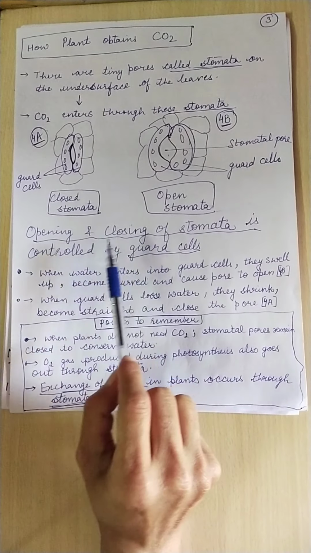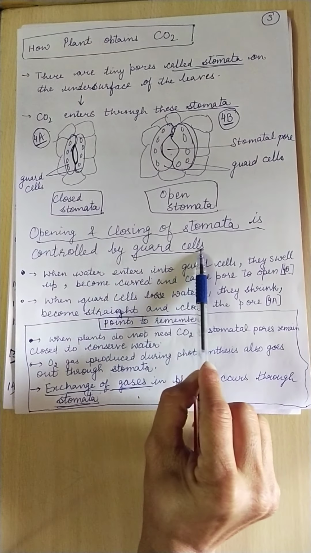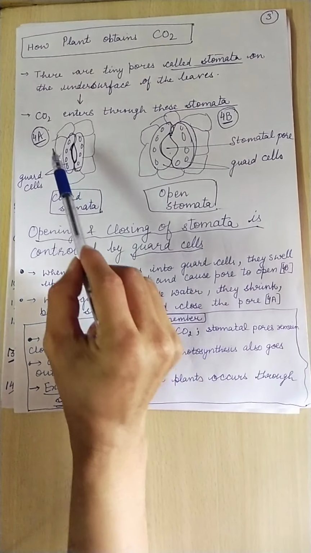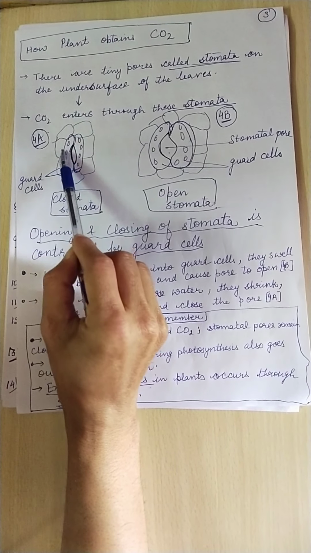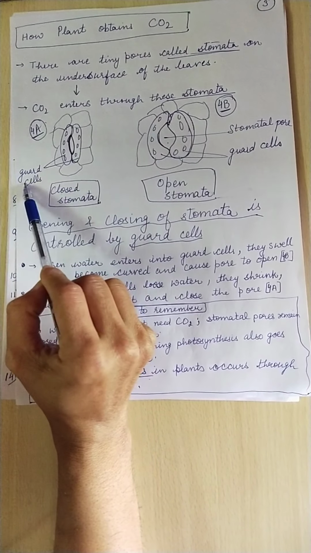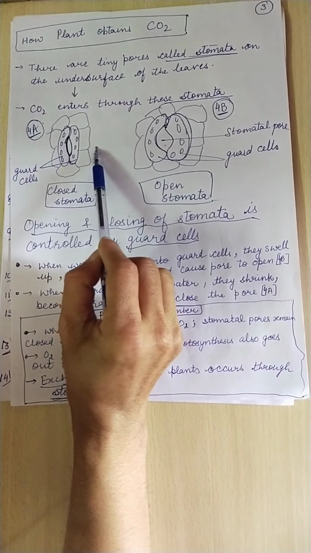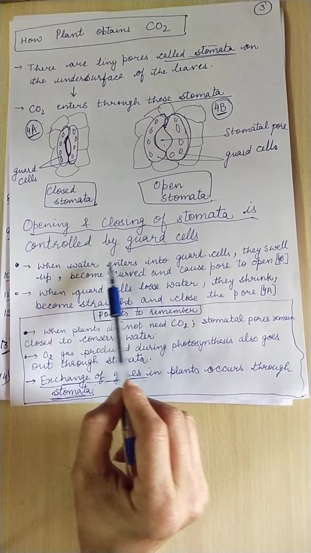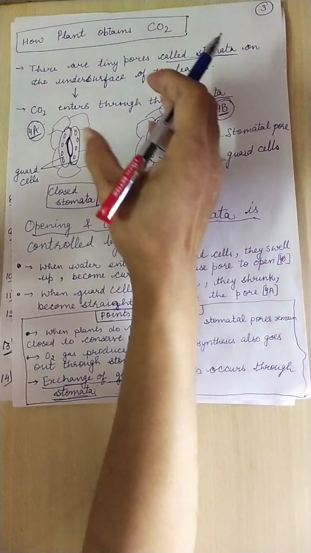Opening and closing of stomata is controlled by kidney-shaped cells called guard cells. If you see the structure, it is a stomatal pore, and these are the bean-shaped cells which we call guard cells. What happens is, from the epidermal cells, when water enters into the guard cells, these guard cells swell up.